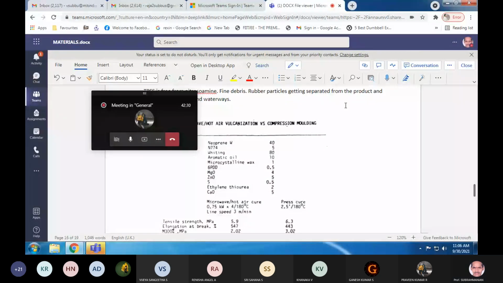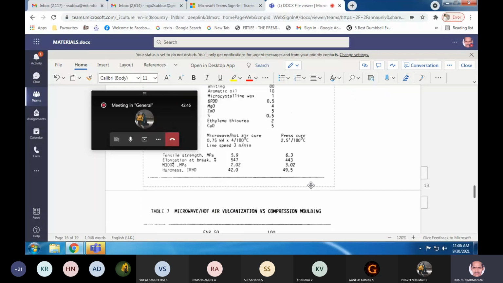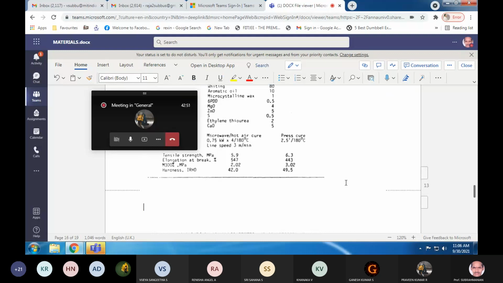Very unusual. 2 parts is on the higher side. Normally, it is about 0.8 phr. It is ethylene thiourea right here. Ethylene thiourea in neoprene W, ETU, right?